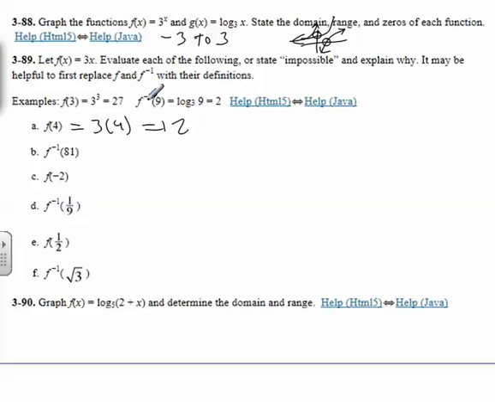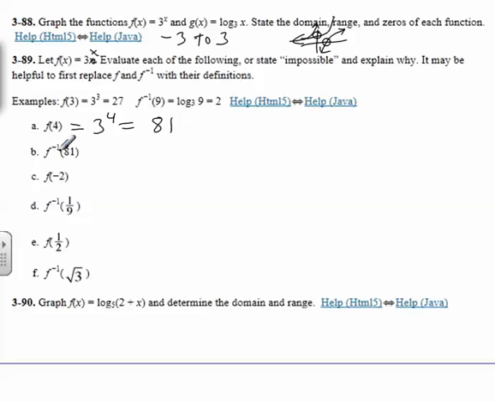Hold on. Just kidding. This is actually a misprint from if I just looked at your book, and this says 3 to the x power. That makes a whole lot more sense. So the function is actually an exponential 3 to the x, and so it's going to be 3 to the 4th power, which is 81.